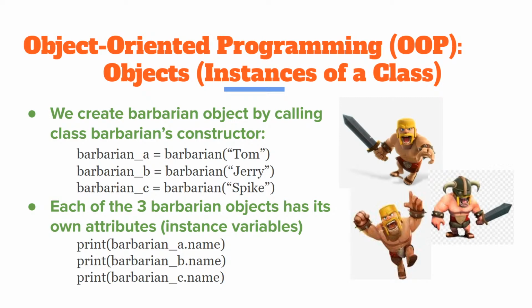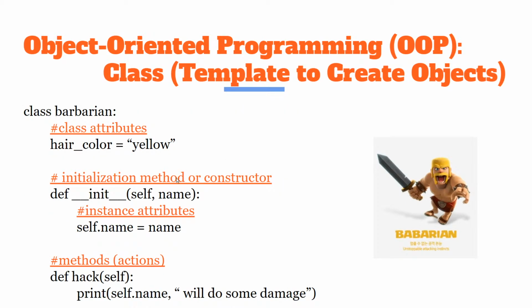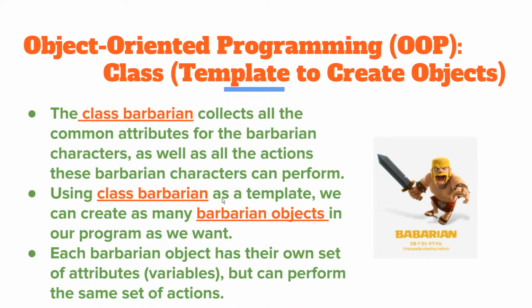Right here we can see barbarian_a is equal to Barbarian("Tom"). So we have the class name over here, and we have the one parameter that we need, and all we need is name.